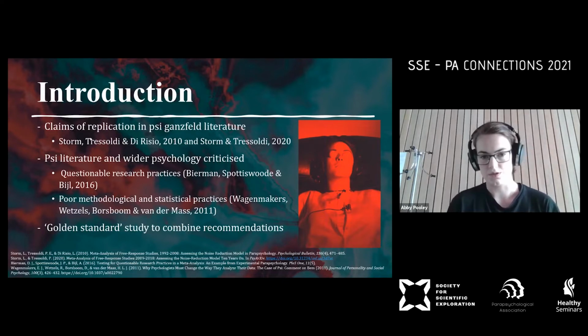And these aren't issues just for parapsychology, but also for wider psychology since its replication crisis. And so Wagenmakers argues that to convince a skeptical audience of a controversial claim, such as psi, we need to conduct strictly confirmatory studies whilst using conservative statistical tests.